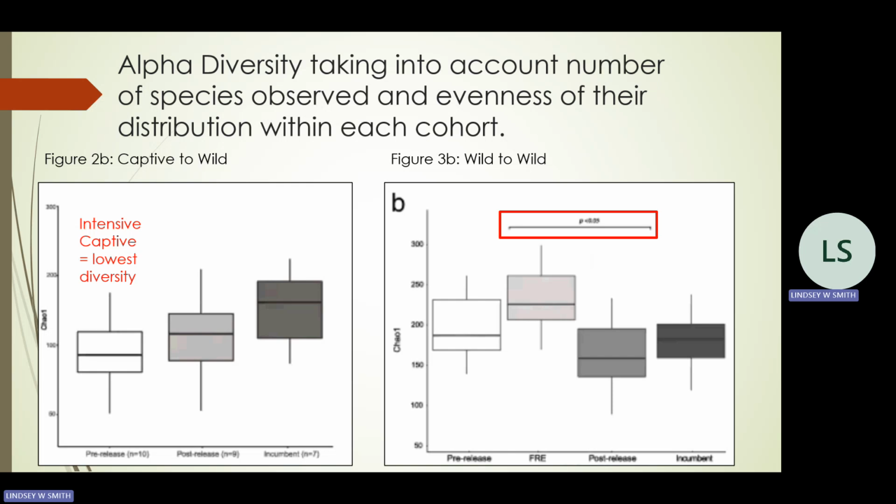Interestingly, in the wild-to-wild cohort, overall there was not a significant difference between the initial wild and the final wild, but there was certainly a statistically significant difference between the period of free range enclosure housing and the post-release group.